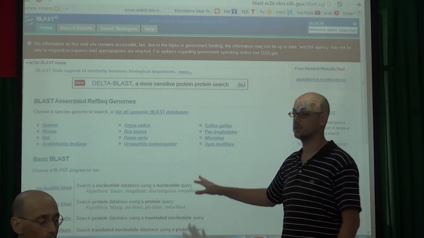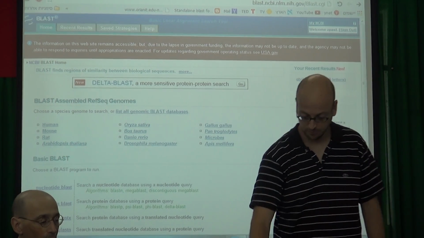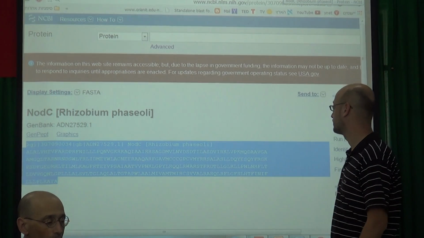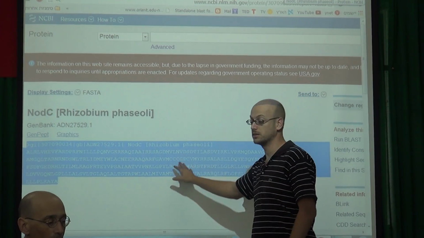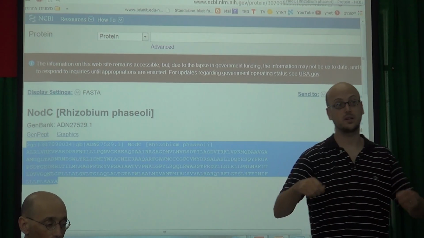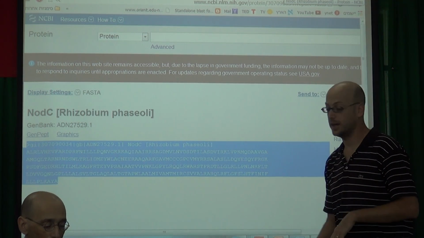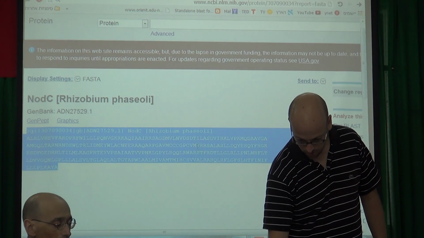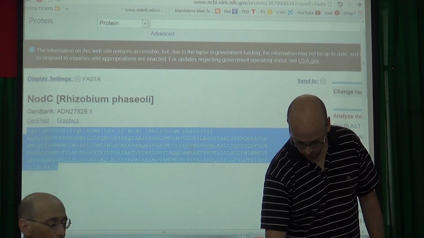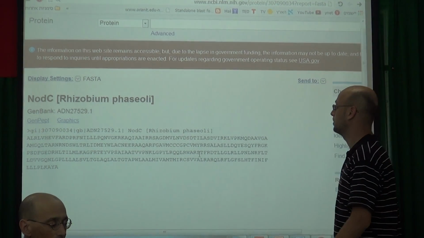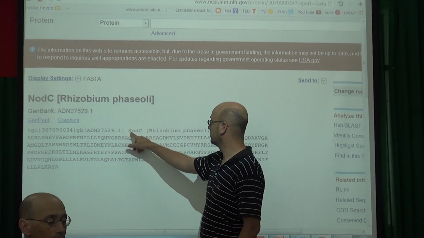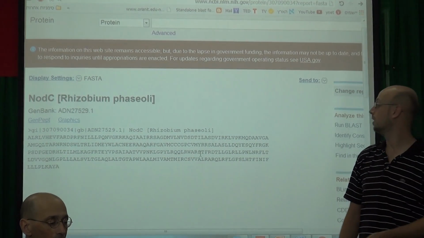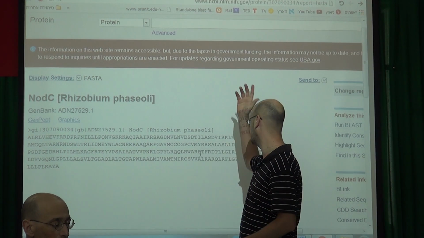And inside of here, what we wanted was to take one protein, one sequence of amino acids, and our example was the NOD-C protein, so that's one of the nodulation proteins of Rhizobium phaseoli.